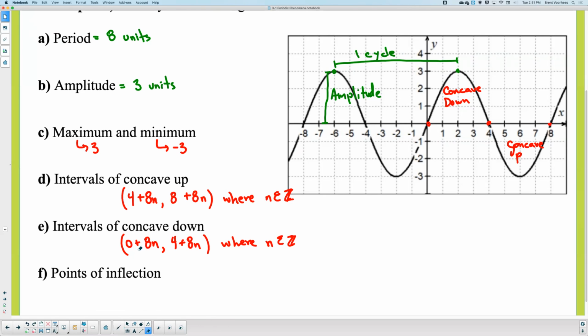What's 0 plus anything? Whatever it was. I could just leave that as 8n. The points of inflection happen every 4 units. So you just say 4n, comma 0. The y value is always 0 there, where n is any integer. The reason this is not one period apart is because there are 2 per period. Those are the points of inflection.